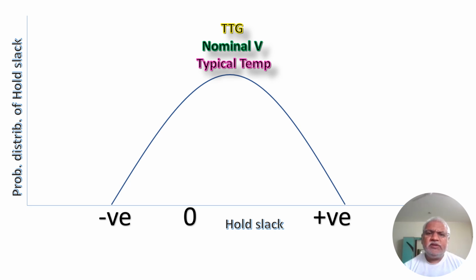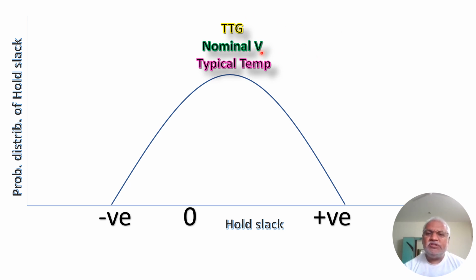Let us investigate further the typical, fast, and slow global corners and the associated VT variations. If you observe the typical global corner, it has nominal voltage and typical temperature, usually 25 degrees C, and this nominal voltage changes with respect to the geometric node.